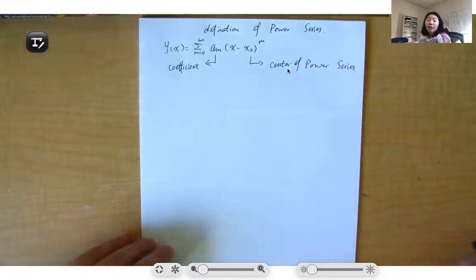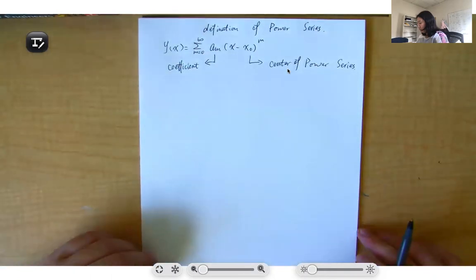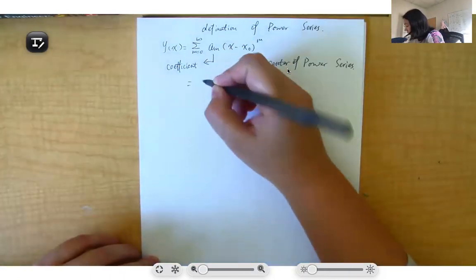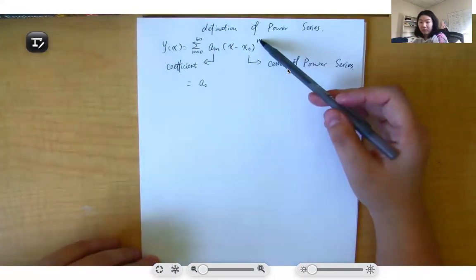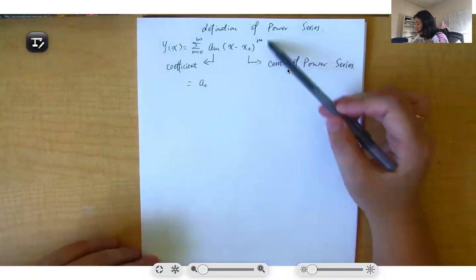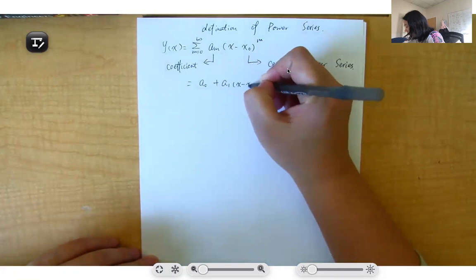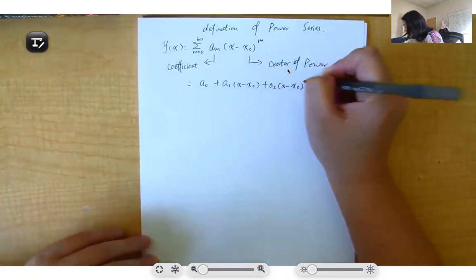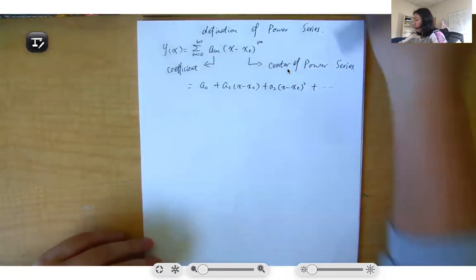And you can rewrite this by expanding all the terms instead of using the sum. So it will be a naught, since when m equals 0, that term is 1. So a naught plus a1 (x minus x naught) plus a2 (x minus x naught) squared plus dot dot dot until infinity.